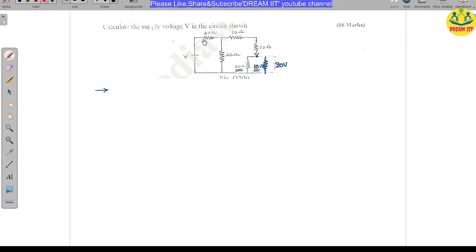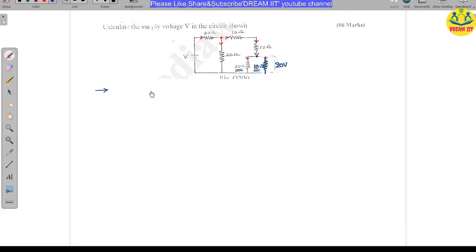When you supply the current, at this point the current is divided like this into two currents, and after coming to this point, the current is once again divided like this. That's why, if the current is divided, these two are in parallel with each other.